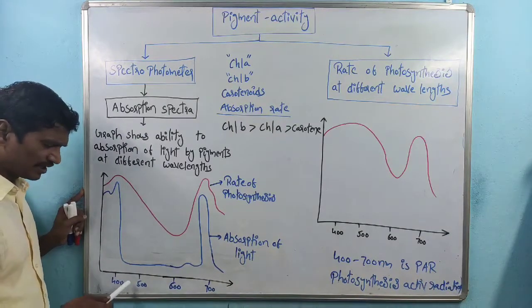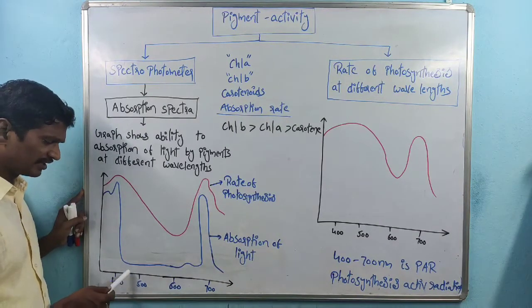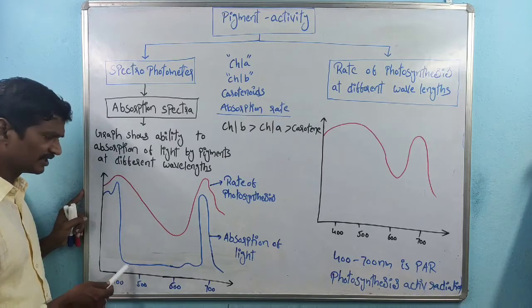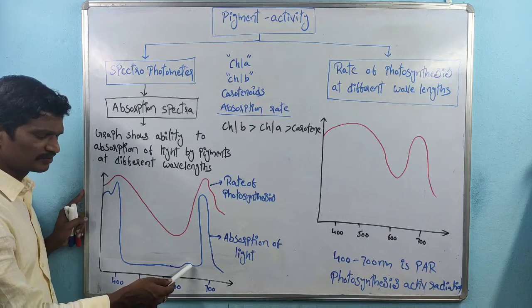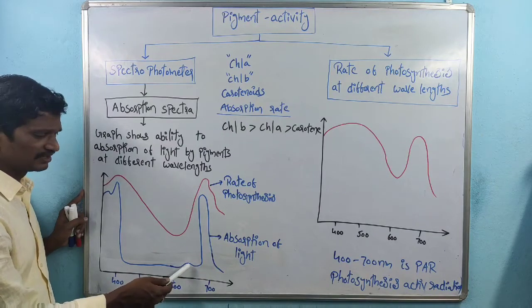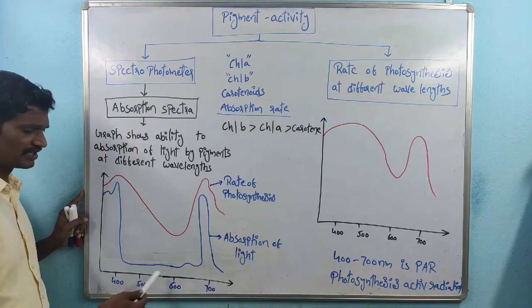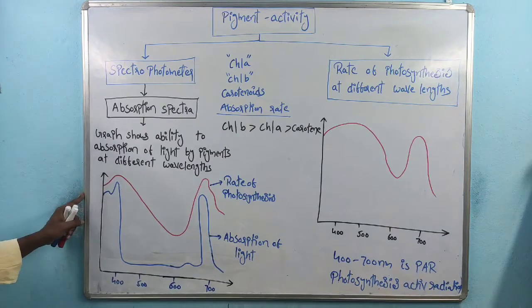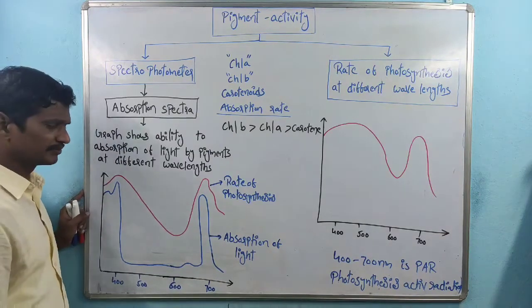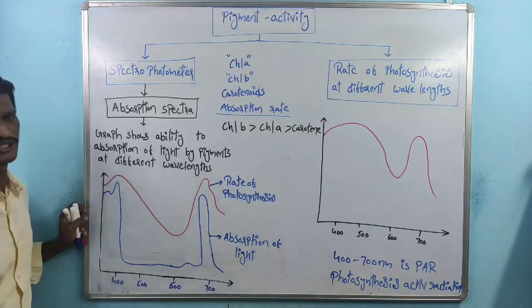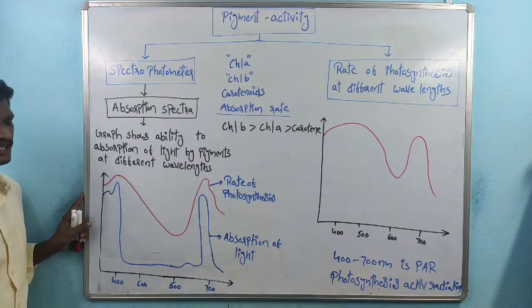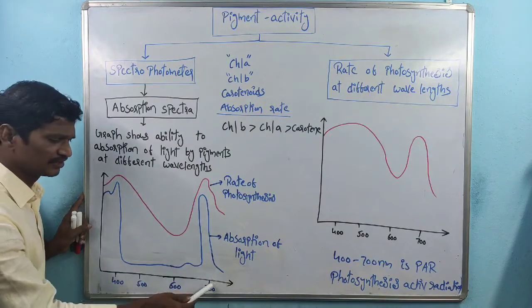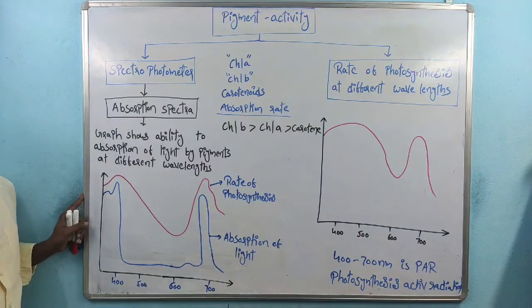After that, after 450, the rate of absorption decreases up to 650 or 680, and within that region the rate of absorption is low. Again the rate of absorption rises near 700, and after 700 the rate of absorption decreases.